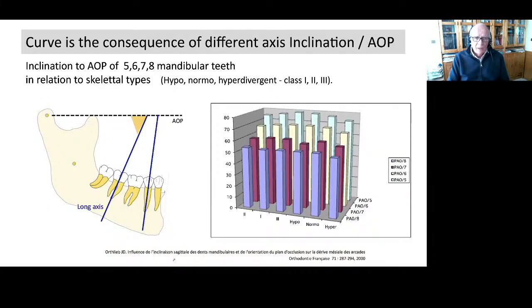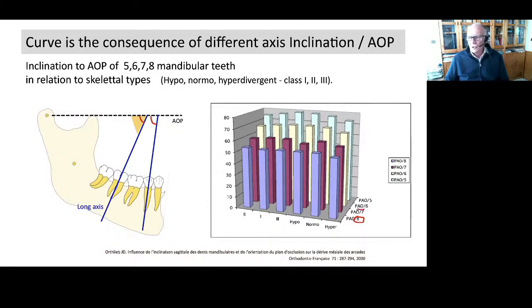He was a good observer. The curve of Spee is a consequence of different axis inclination of the posterior mandibular teeth. If you look at the inclination of the teeth, and if you assess on cephalometry the inclination of the different teeth, you have this type of results. In blue, it is a third molar.